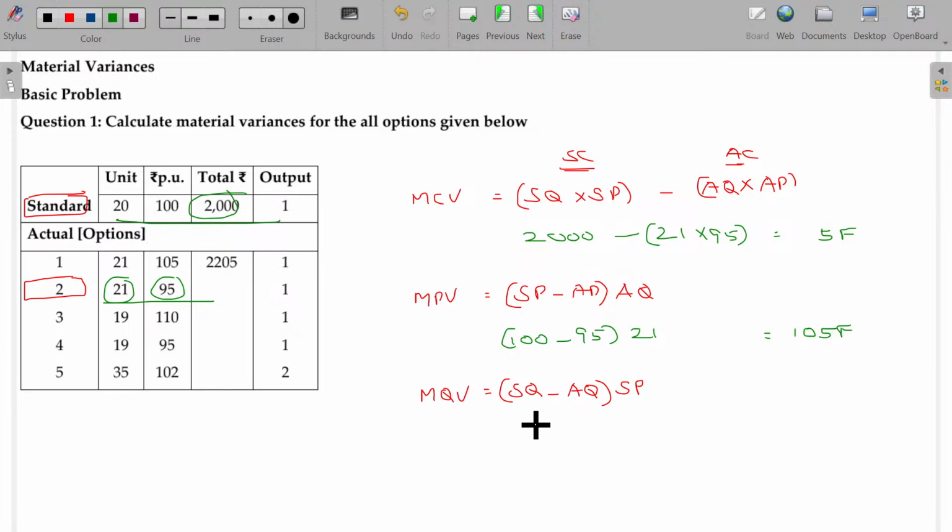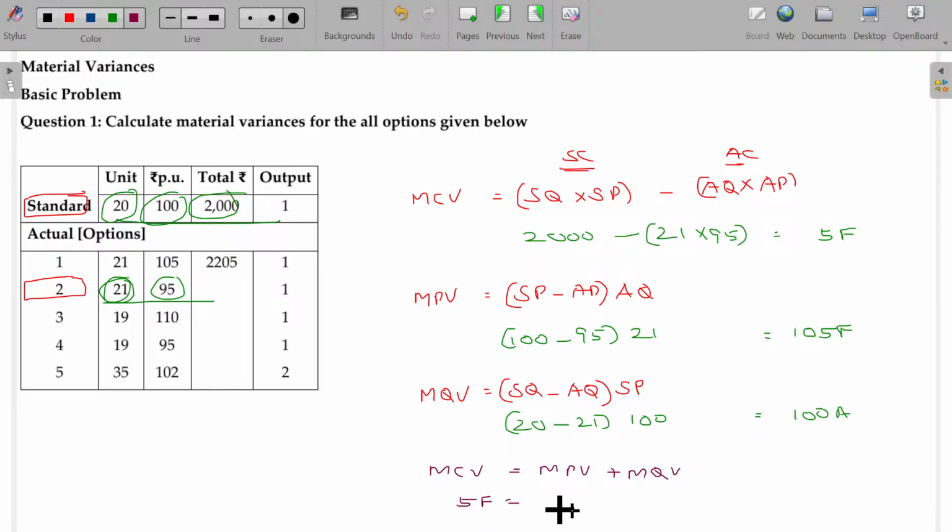And in case of quantity, 20 is the standard, but we consumed 21, one extra consumed. Standard price in this case being 100 rupees. So as you consume 1 unit extra at the rate of 100 rupees, it comes around 100 adverse. Okay, check. Material cost variance is equal to material price variance plus material quantity variance.